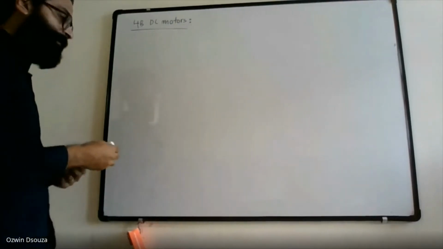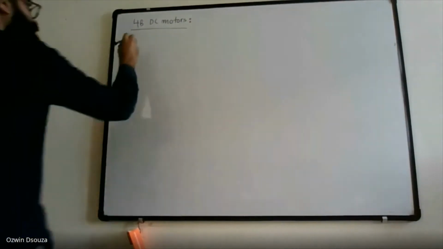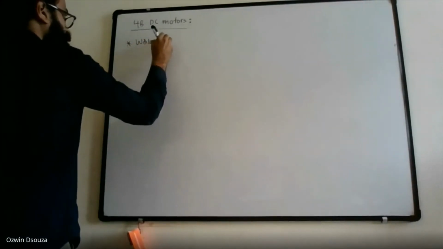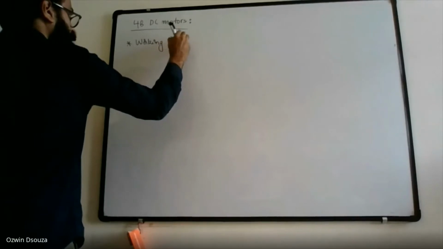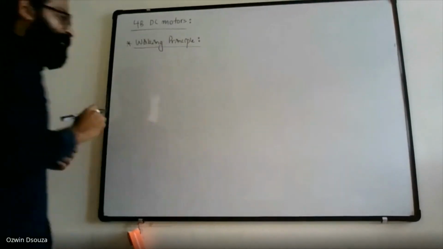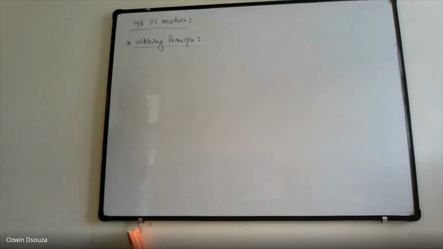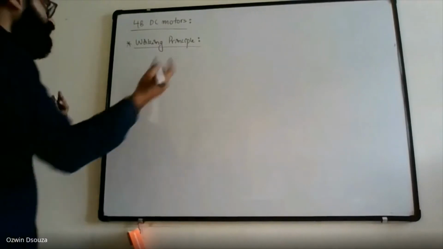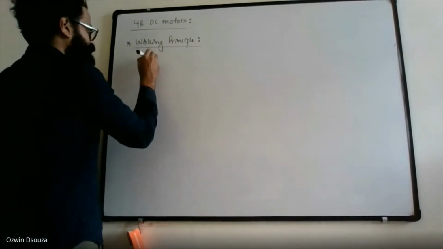Next up, we have something known as working principle. The working principle of a DC motor is pretty simple. It works on the principle of electromagnetic induction.